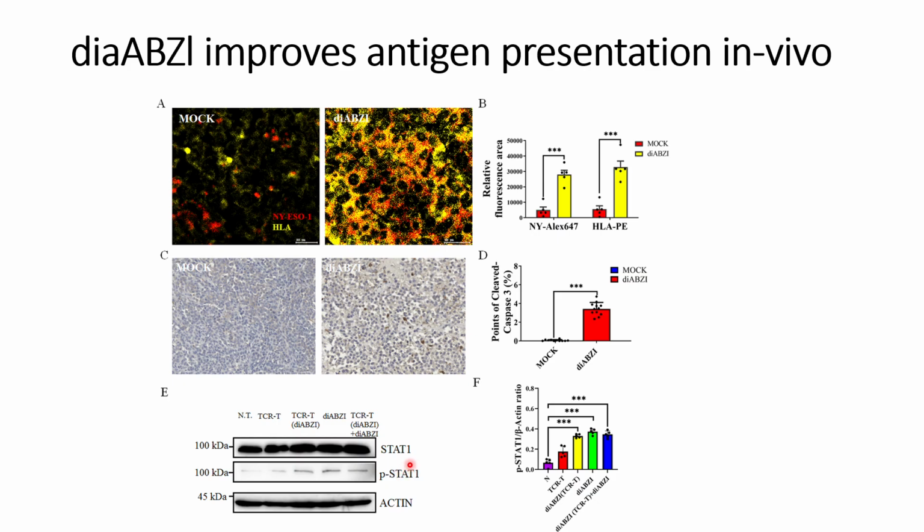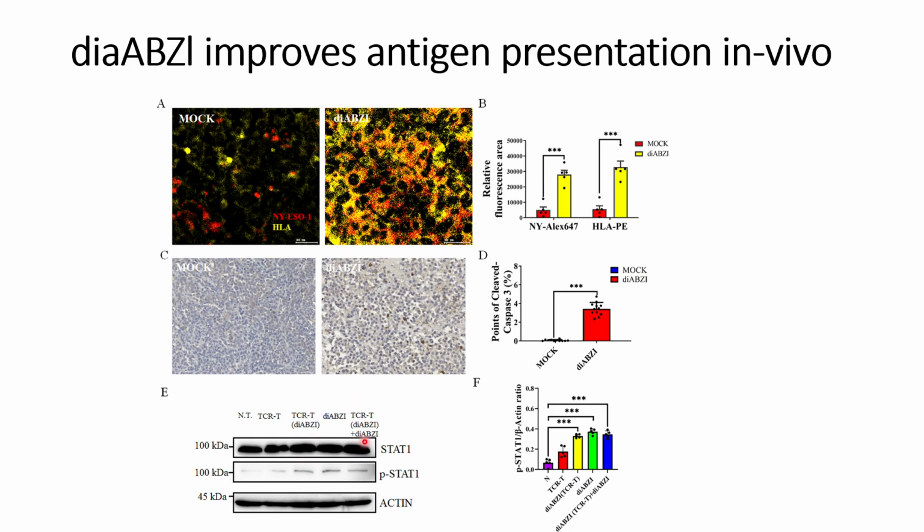So they hypothesized that DiaBZl might cause an increase in the phosphorylation of STAT1. So they checked p-STAT1 in those samples, and what they found is that where T cell receptors are treated with DiaBZl, they see an increase in p-STAT1, and when they use DiaBZl only, they also see an increase in phosphorylated STAT1.